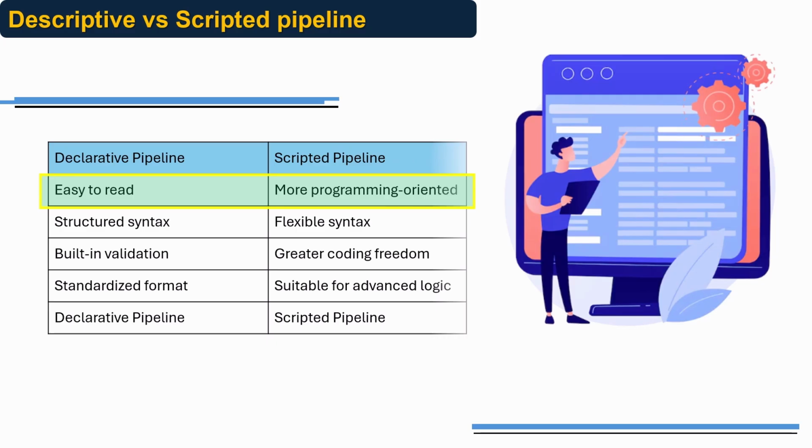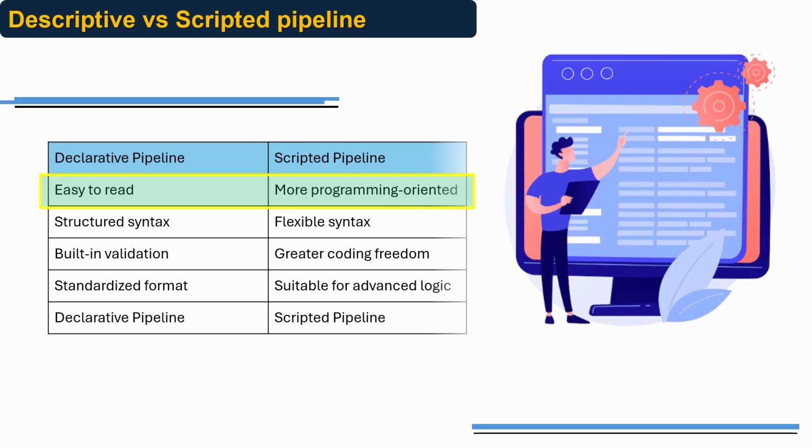Every pipeline follows the same overall layout with sections such as pipeline, agent, stages, stage, and steps. Because of this consistent structure, even someone who has never worked on that project before can quickly understand the workflow. They can immediately identify where the build starts, where testing happens, and where the deployment occurs.